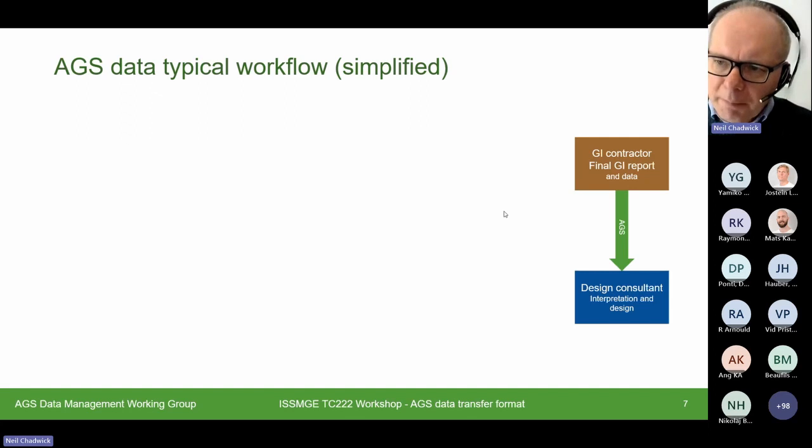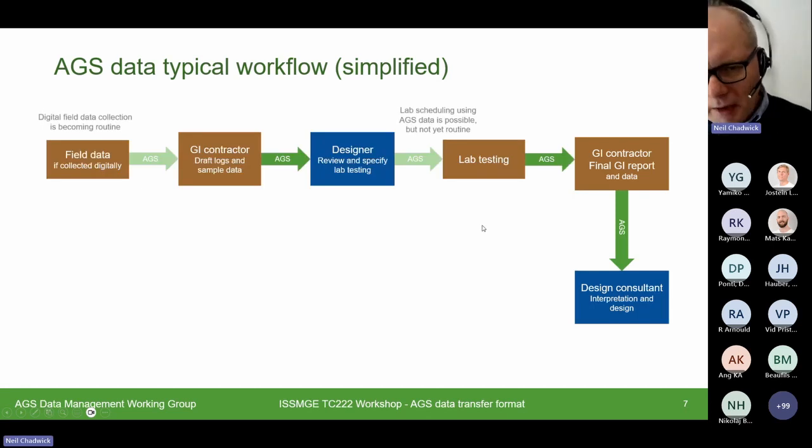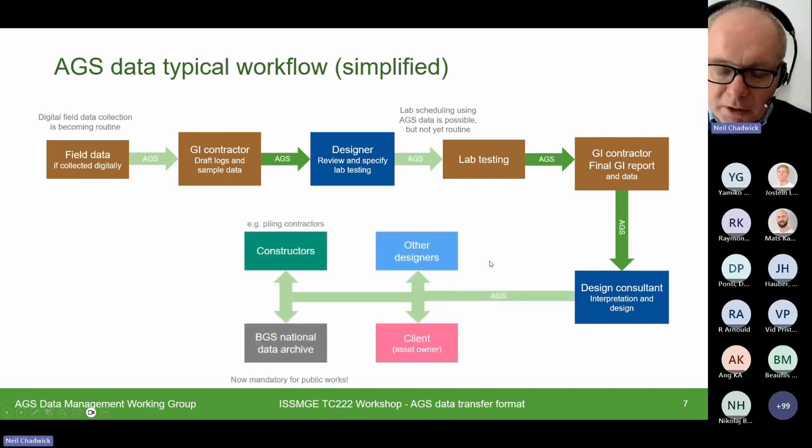But this is only one application of AGS, because if you actually look at the activities that we undertake before we even get to that final report, we actually find that AGS data can and often is used as part of that, as part of the supply chain, as you can see here. And then the design consultant shouldn't be the last person to see the data, because there may be other designers that are interested.